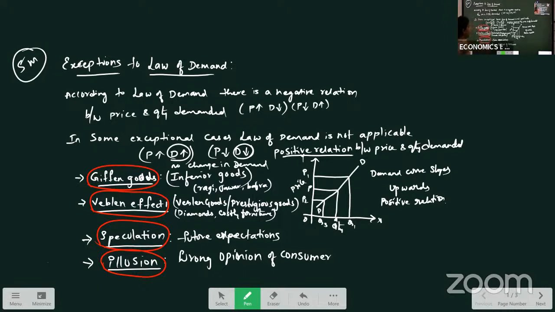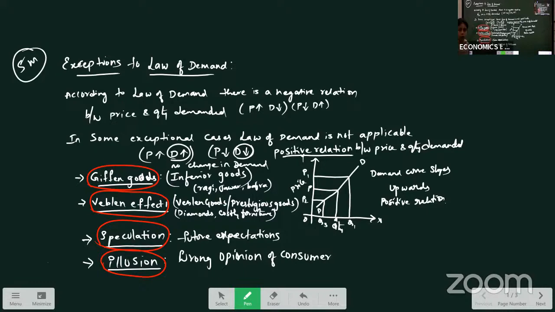So where can we find this? There is a positive relation in the case of Giffen goods, and Veblen goods, that is prestigious goods which are used to show status. Speculation, when we expect that in future the prices are going to change, in that case also the law of demand is not applicable.